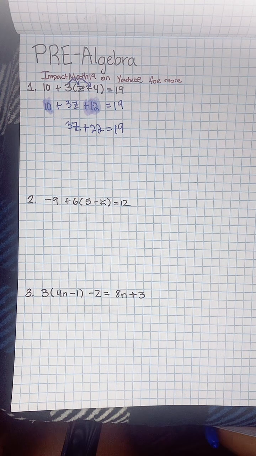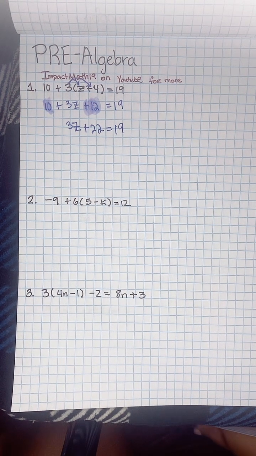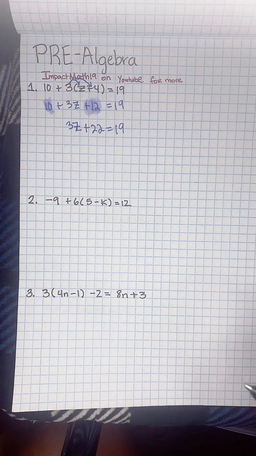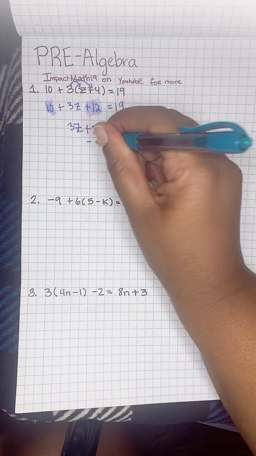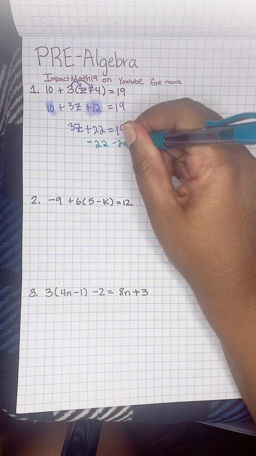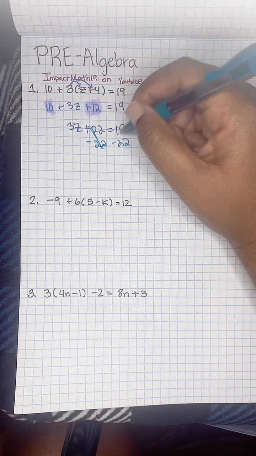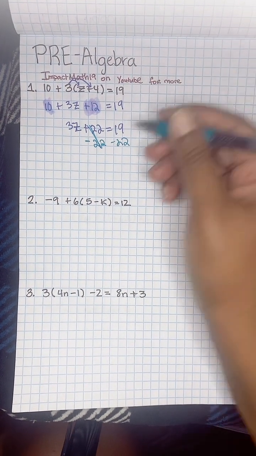All right. This becomes a two-step. I want to move the 22, so we minus 22 from both sides, because we always move the number that doesn't have the letter attached to it, since these are like terms.